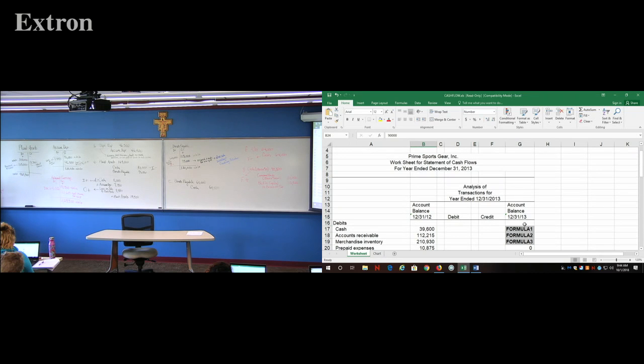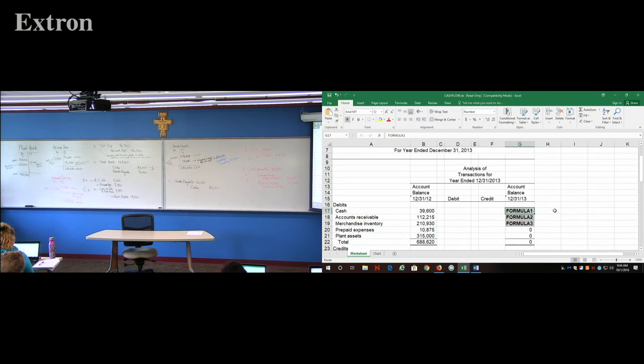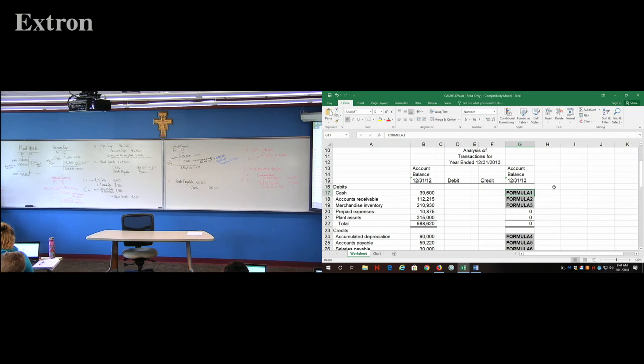So let's just do this first formula here. I'm going to do one formula for now. This formula is going to be equal to B17 plus D17 minus F17. Can you guys see that? My markers have died for the most part.